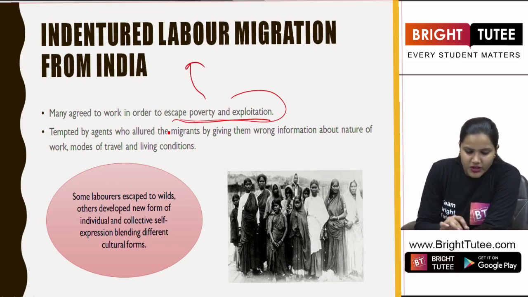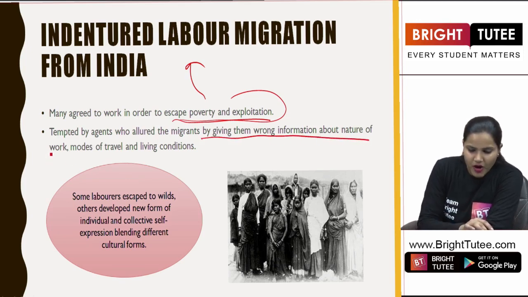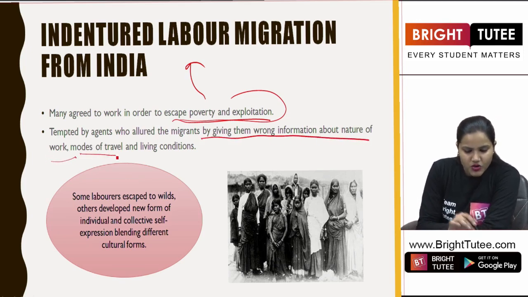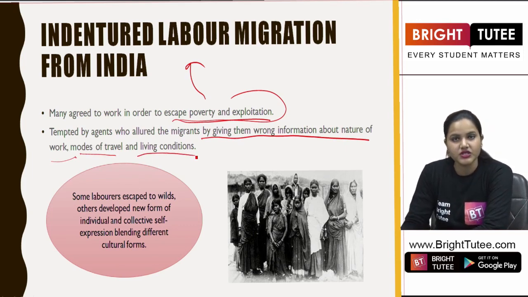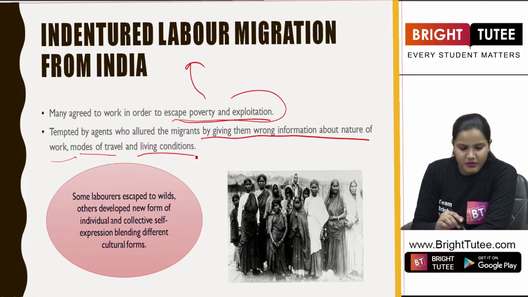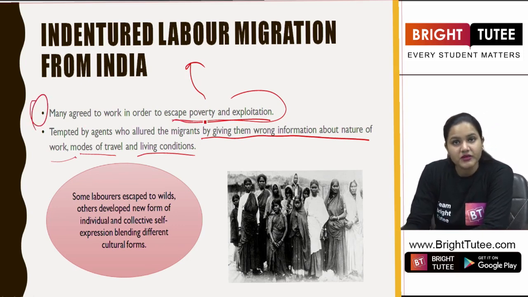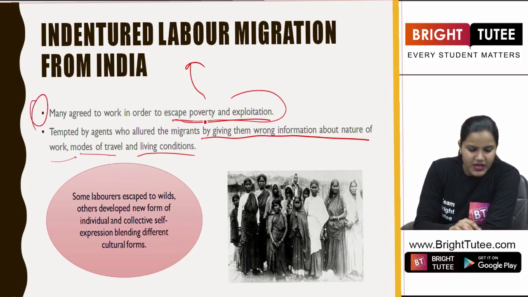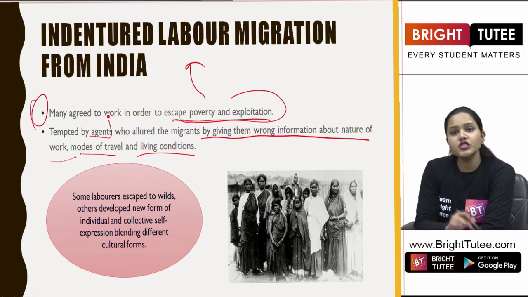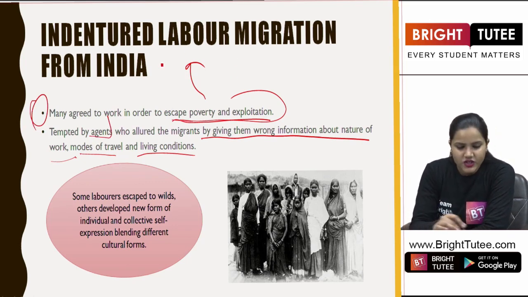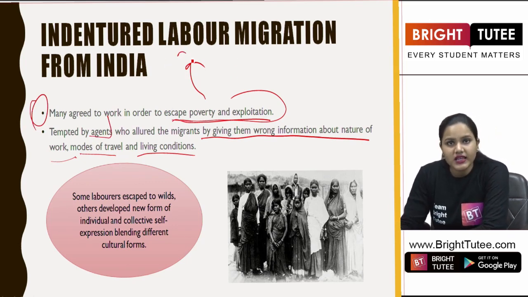They were tempted by the agents who allured the migrants by giving them wrong information about the nature of work, modes of travel and living conditions. Now here two points are important that you have to keep in mind. One reason here is to escape poverty and exploitation. The second point is the agents who were recruiting these indentured laborers. Now what are they saying?